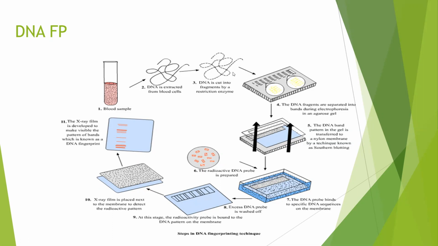Next step, agarose gel electrophoresis technique. The DNA fragments are separated into bands during electrophoresis in an agarose gel. The DNA band pattern in the gel is transferred to a nylon membrane.